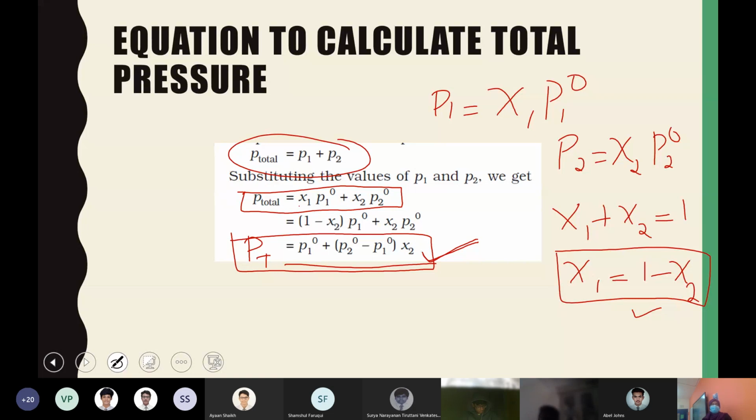Right now this is showing because in the numericals which we are going to discuss next, there are questions related to this equation. So this is very, very important.